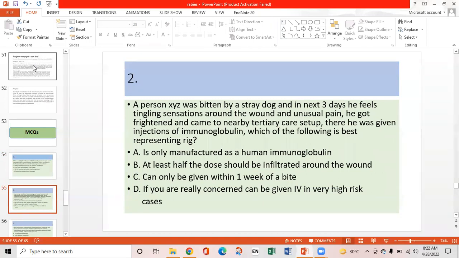Option B, at least half the dose should be infiltrated around the wound. Option C, can only be given within 1 week of bite. And option D, if you are really concerned, it can be given IV in a very high risk case. Option B is the right one. At least half the dose should be infiltrated around the wound.